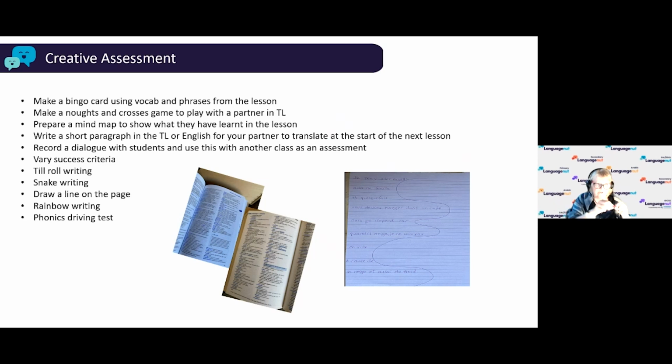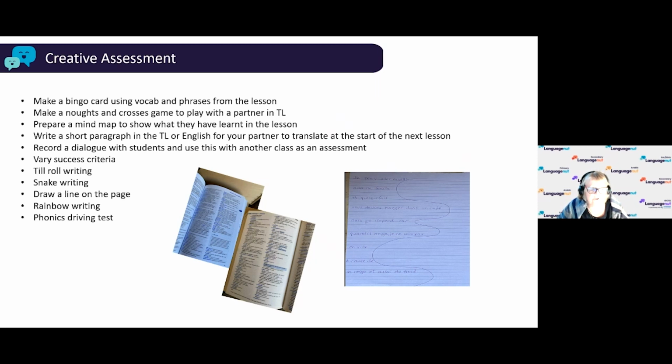And the students have written on the till rolls. For some students, I've cut the till roll shorter than for the more able. So the more able have written a longer till roll, and the shorter one has been for the students who can't manage to write as much, or they've chosen their own length of till roll that they want to write on. It's quite fun, getting the students to write on a till roll for their assessment.